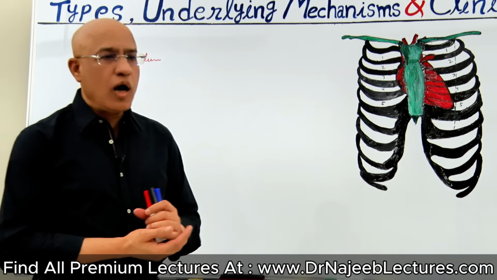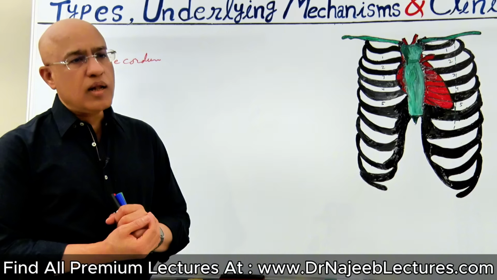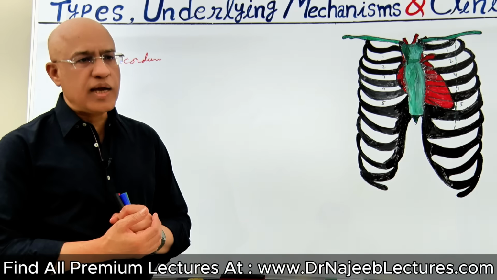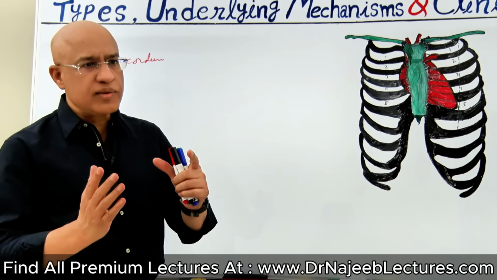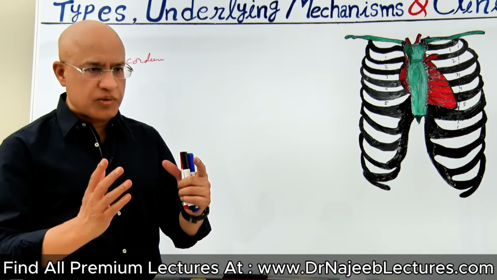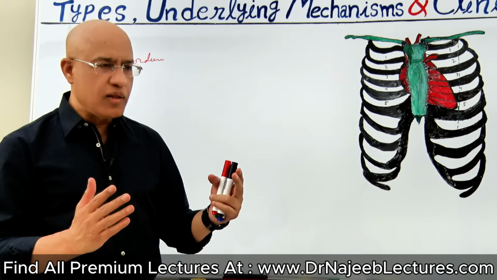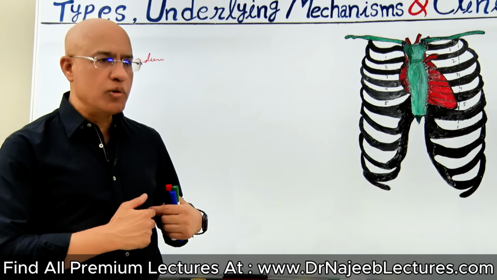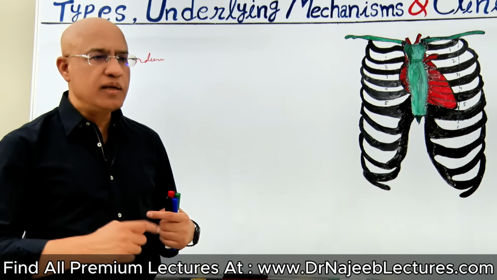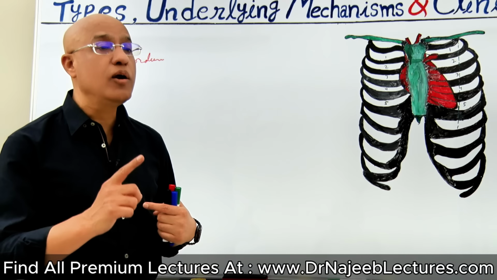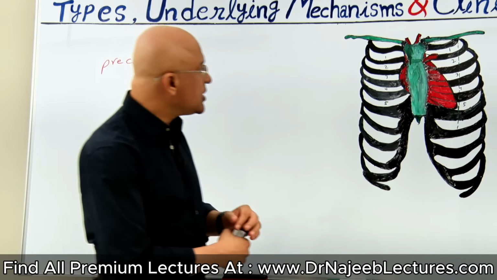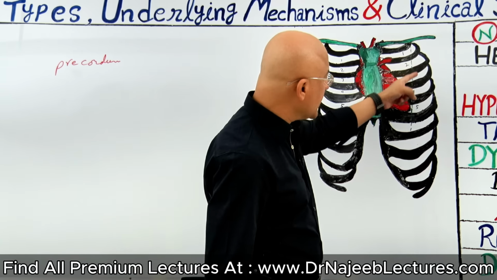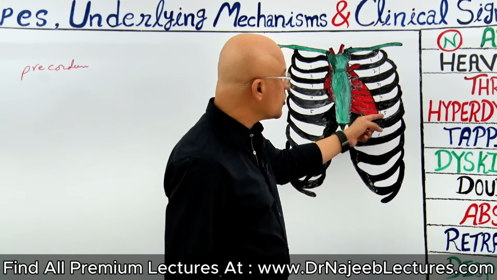Now, how do you know the exact location of apex beat? Because when we communicate with each other, we need to tell the exact landmark of where the apex beat is in a particular patient. In a normal adult person, apex beat is in the mid-clavicular line and in the fifth intercostal space.